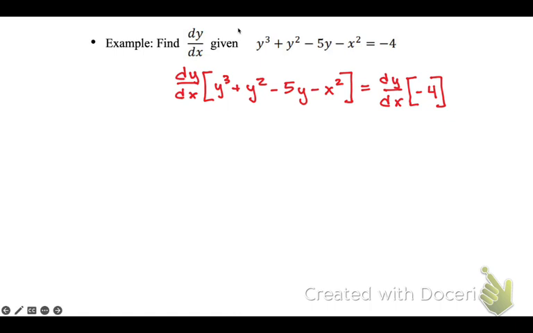What is the derivative of y cubed with respect to x? 3y squared, so 3y squared dy/dx. Why does it have to have the dy/dx after it? Can we put y prime now? We can.